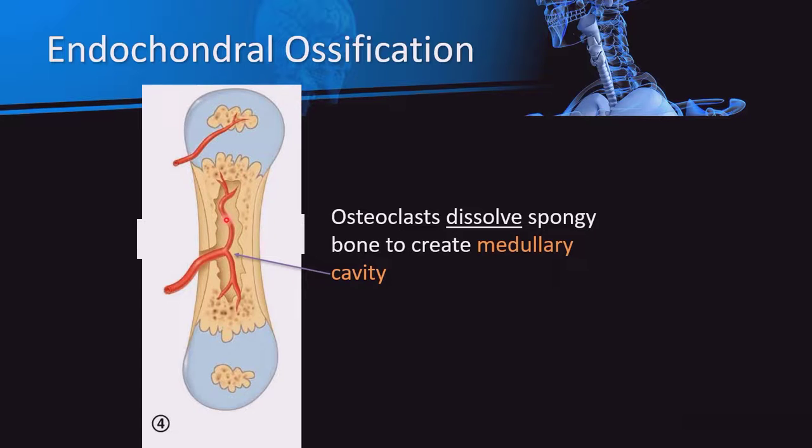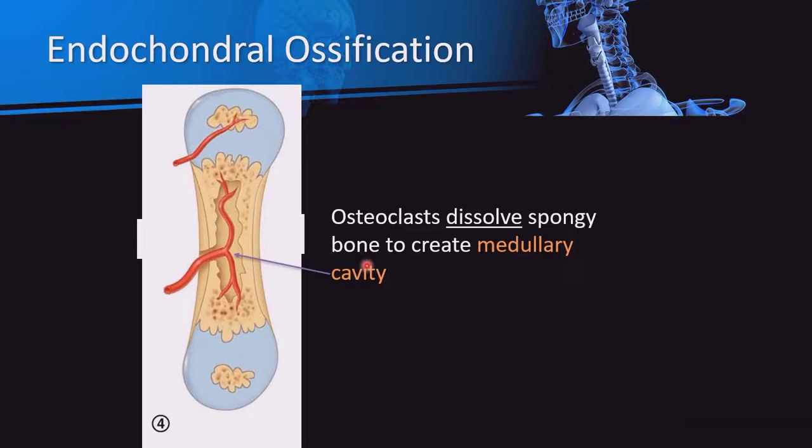In the same way, the spongy bone that had been formed in the central portion of the model has been dissolved by the action of osteoclasts. Where do these osteoclasts come from? They come from the periosteal bud. And now the hollow space is called the medullary cavity.